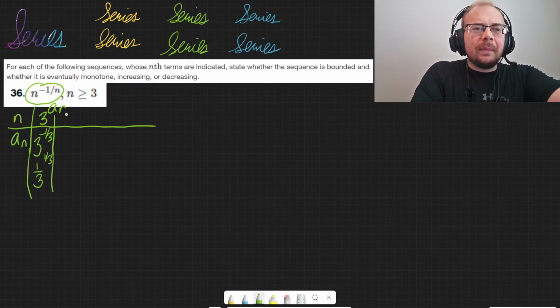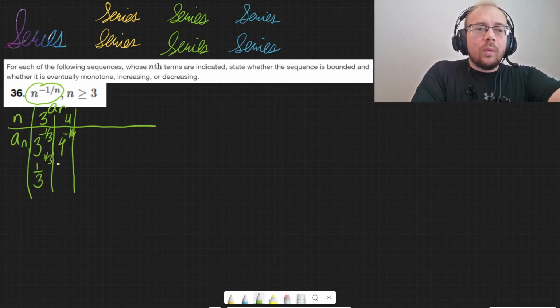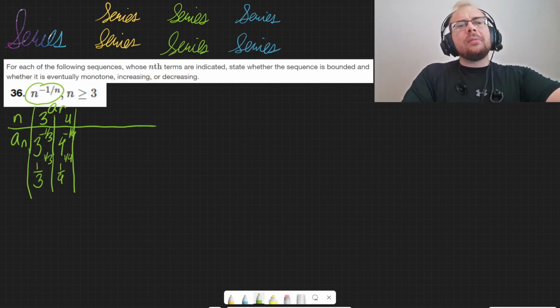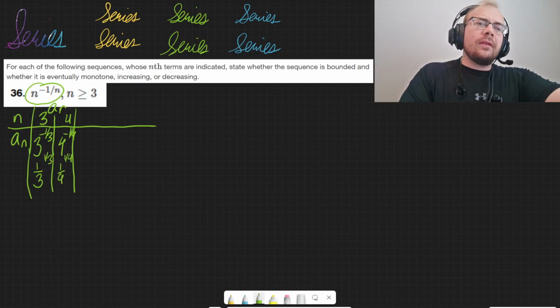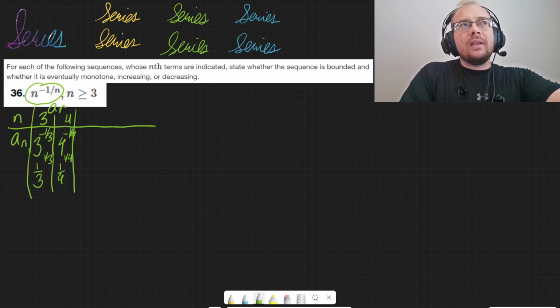It's similar to the previous one we were doing, but the graphs are going to look a little different. So this will be 4 to the negative 1/4 power, which is just 1/4 to the 1/4 power. Now that one you probably could do a little bit of by hand, because you could take the square root, which would be 1/2, and then another square root.